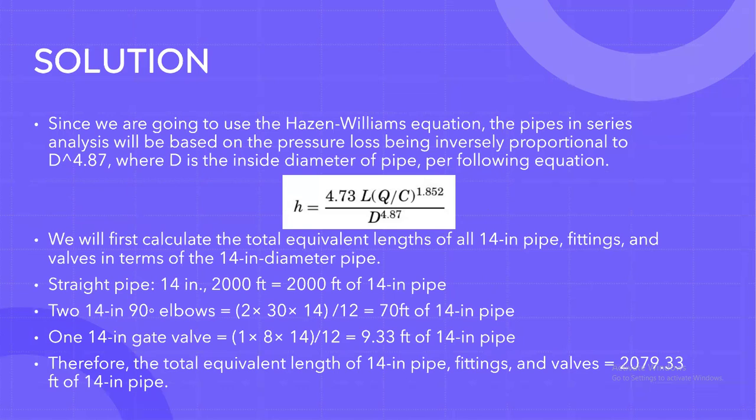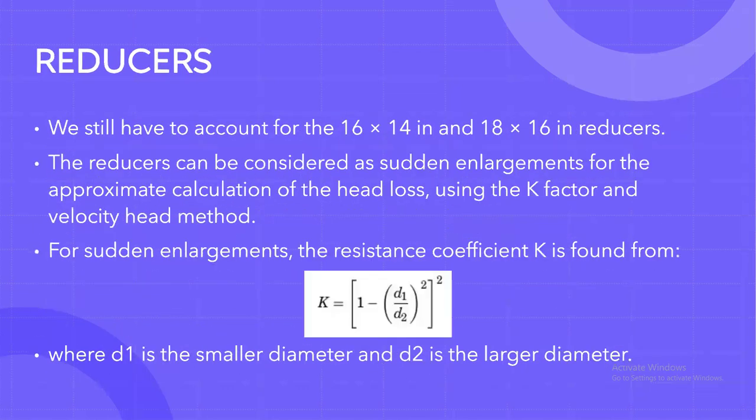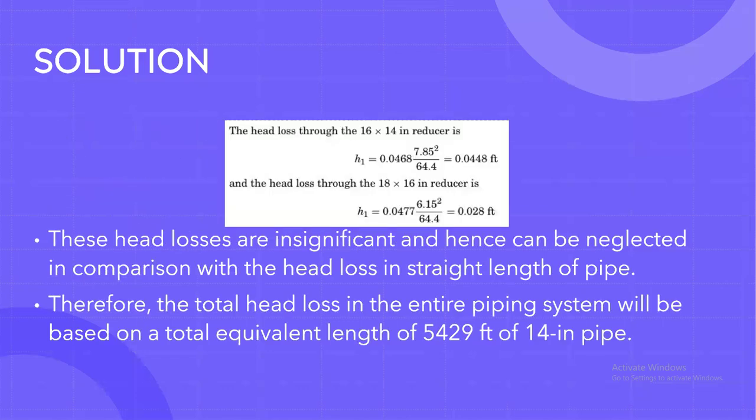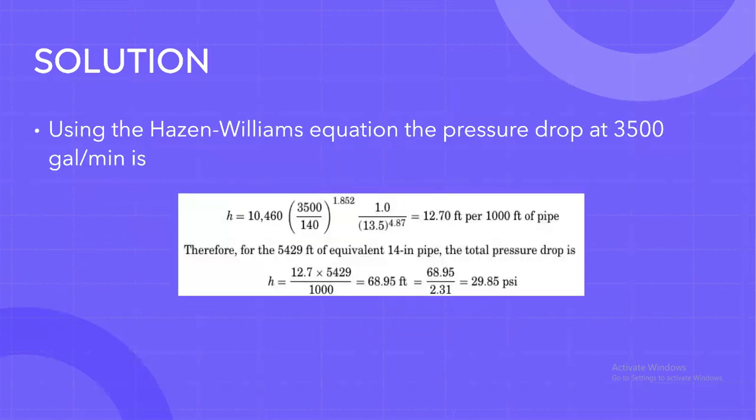If you remember, head loss when using the Hazen-Williams equation, let's go back there. This one is based on 1,000 feet of pipe. I think I showed you this version of the Hazen-Williams equation in the previous presentations. So this 140 is just a factor.